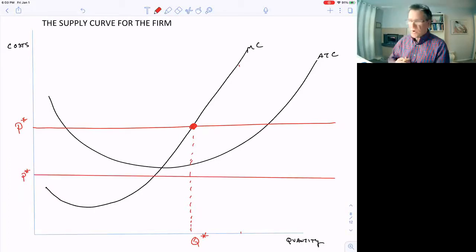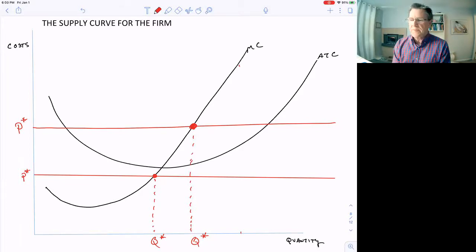And the firm is trying to maximize their profit or minimize their losses, sets price equal to marginal cost, has a new Q star, which of course is lower as the price drops. Now the firm is losing money.